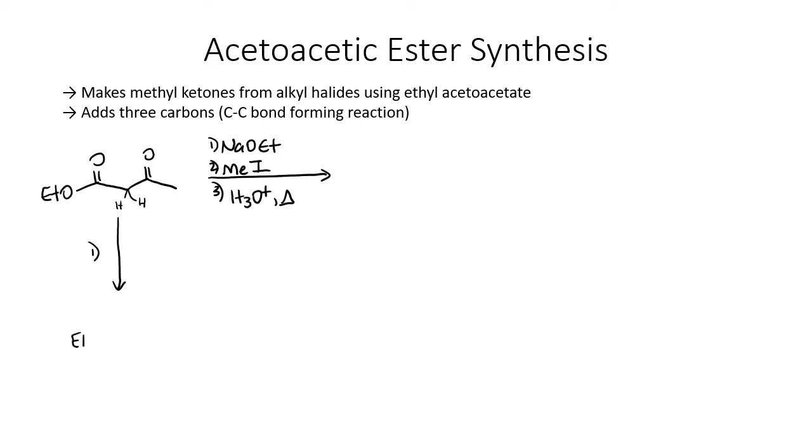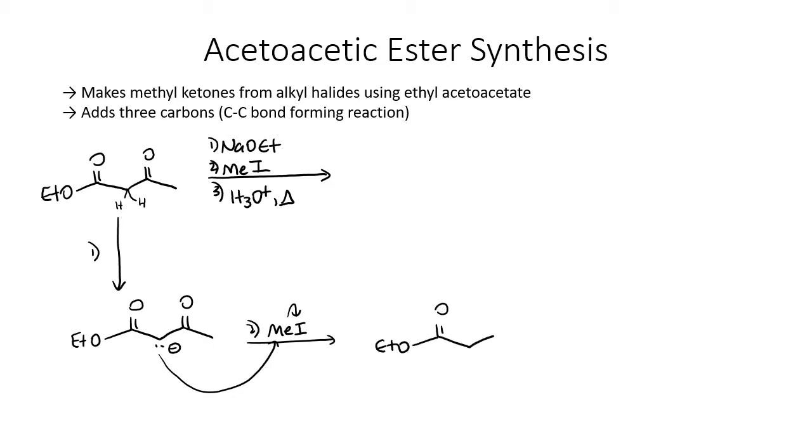So the purpose of step 1 is to form our resonance stabilized enolate. For step 2, we're putting our enolate in the presence of methyl iodide, which is our alkyl halide. So we know that this can act as a nucleophile, kick off our leaving group, and we will add the methyl group to our alpha carbon.